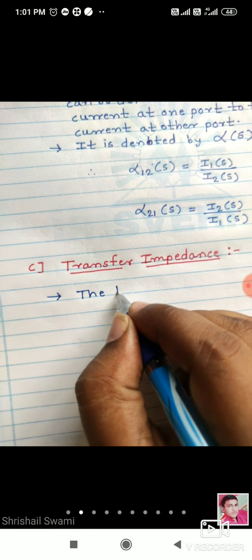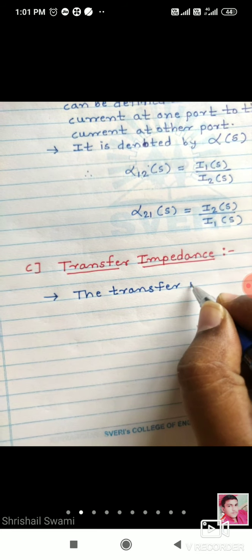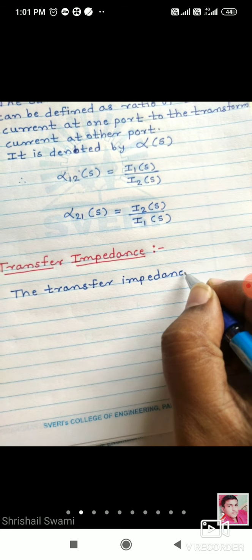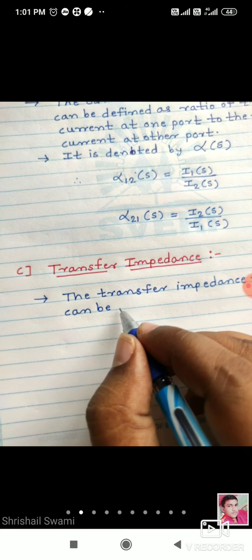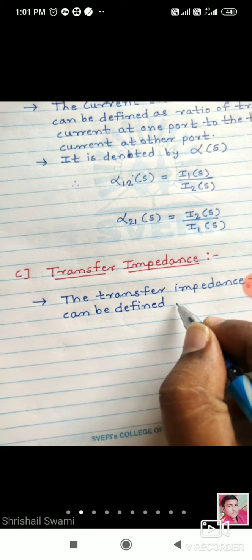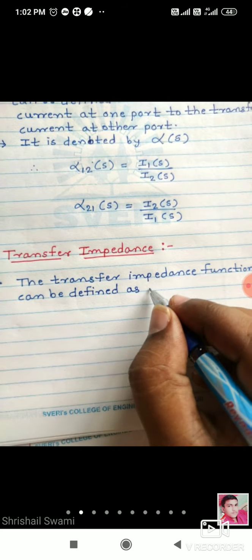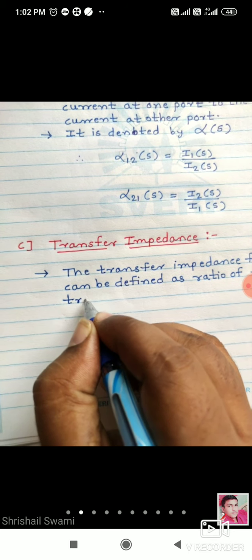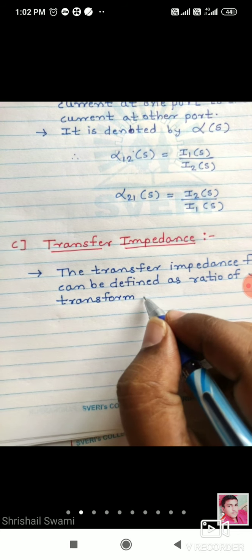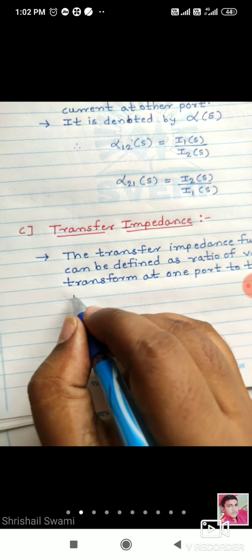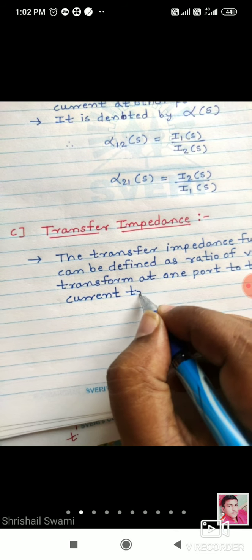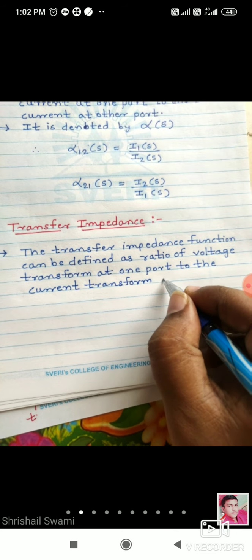The transfer impedance function can be defined as ratio of voltage transform at one port to the current transform at other port.